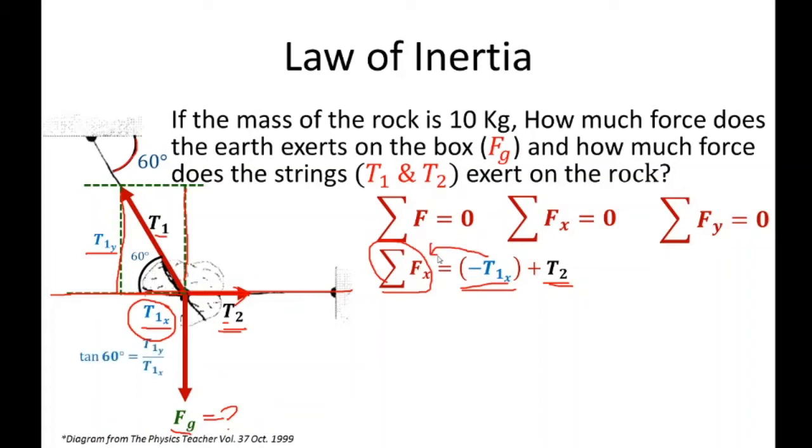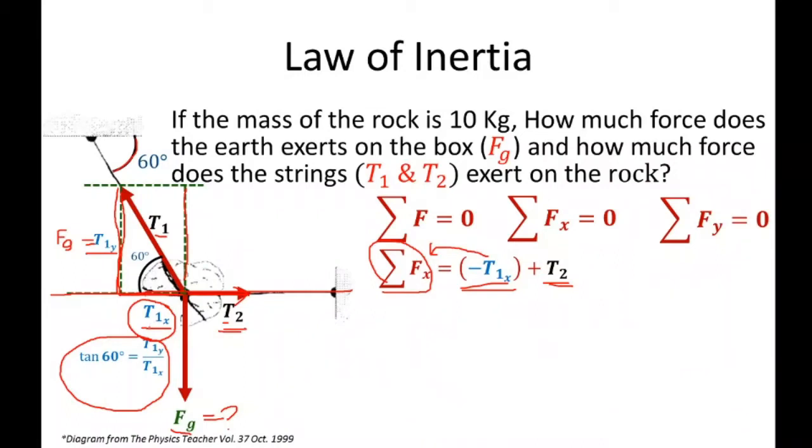So how do we compute for T1x? We have here the formula for T1x. We use a trigonometric function. We use this opposite side because we know this one to be equal to Fg, so that we could compute the value of this side right here, T1x, which is just equal to T2.